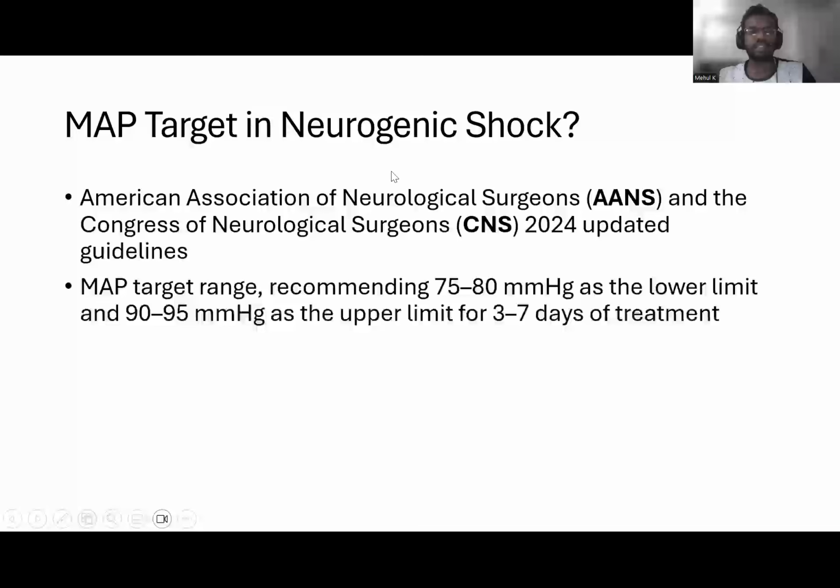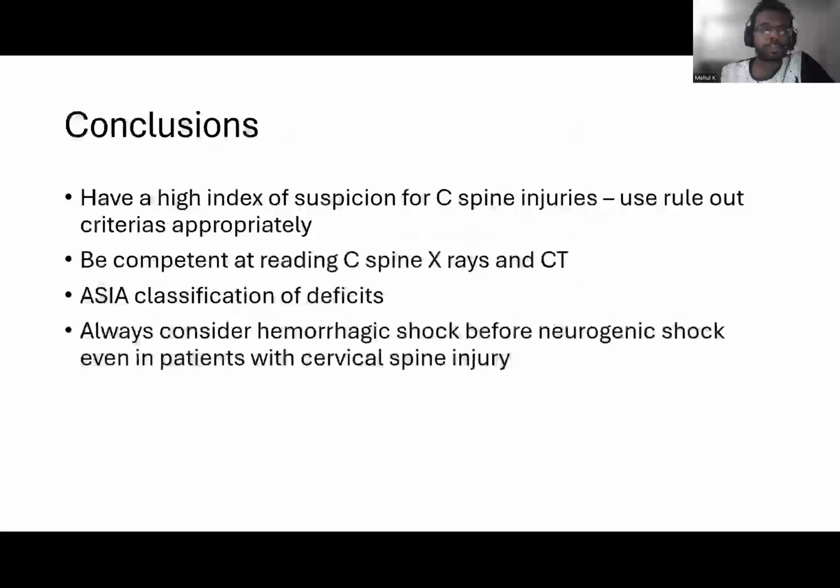That is your target MAP for neurogenic shock. Two studies have shown benefit with this approach of a higher MAP, at least above 85. That is why they have given this lower-end to higher-end range for neurogenic shock. So we are going to conclude this lecture.